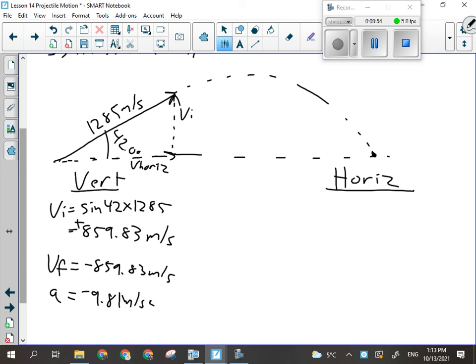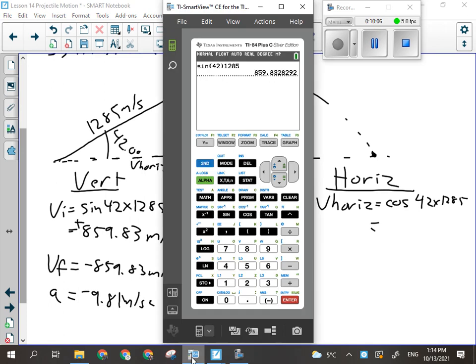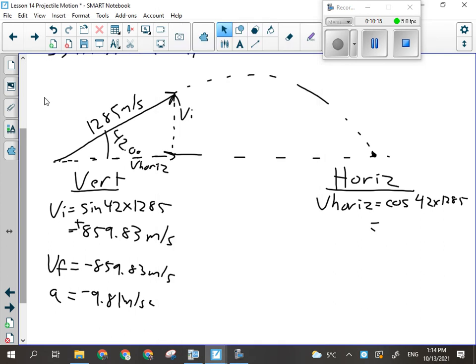From a horizontal perspective, I can calculate how fast the object's traveling horizontally because it's the adjacent side, so cos of 42 times 1,285. So 954.94 meters per second.